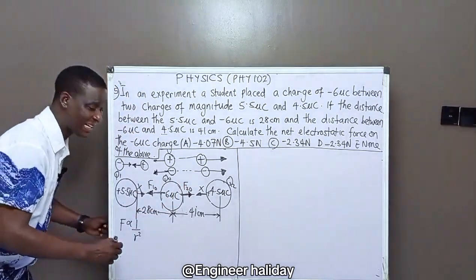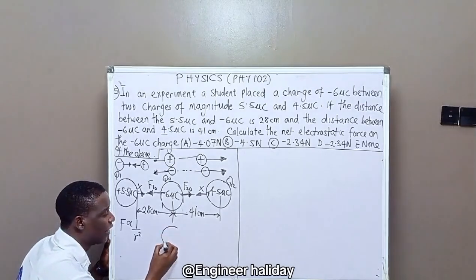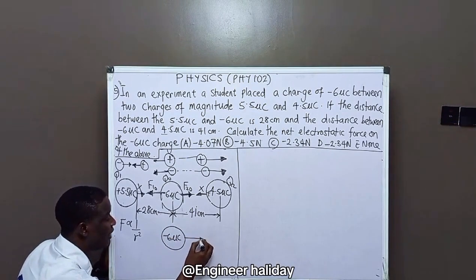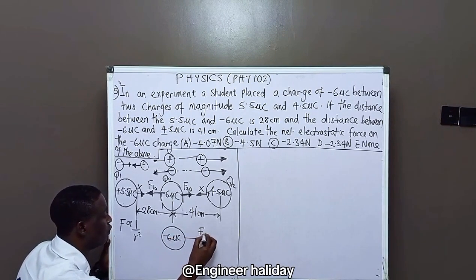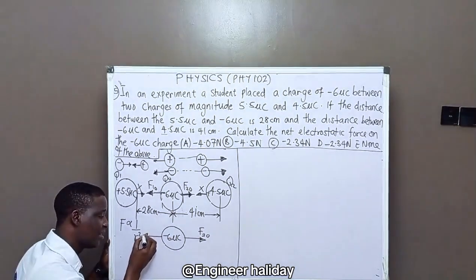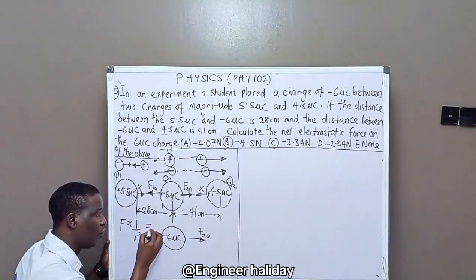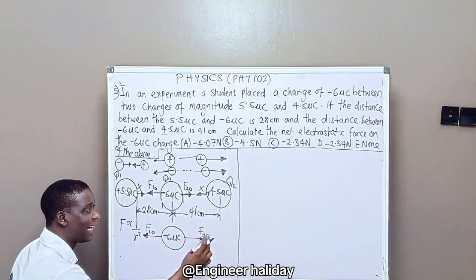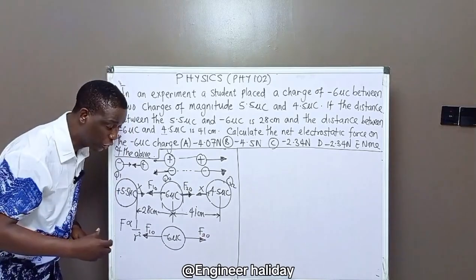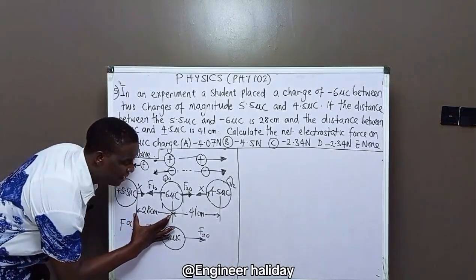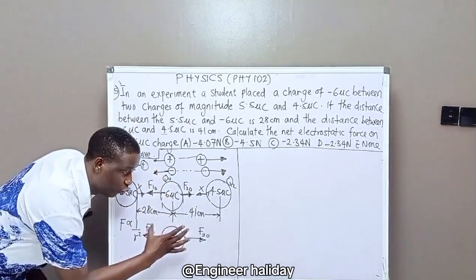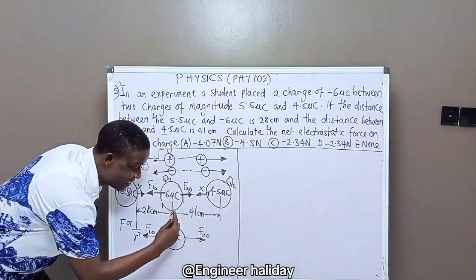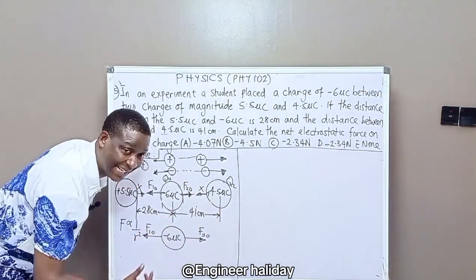If you draw the diagram out, what we are going to have on the -6 microcoulomb is one force moving like this, F20, and another force moving like this, F10. Now, which one is greater between F10 and F20? From my explanation, F10 has a smaller distance and F20 has a bigger distance. It's obvious that 41 centimeter is higher than 28 centimeter.